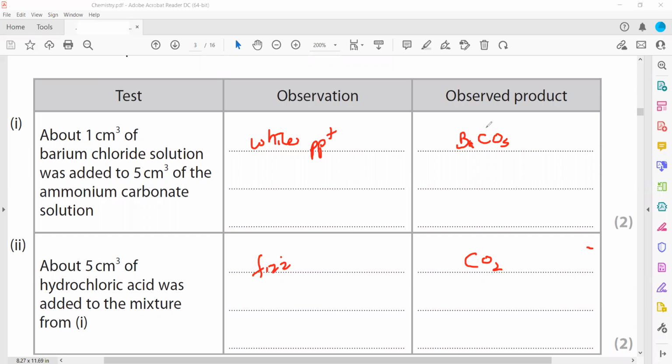Because they did not specify a formula here, it's better you write it in words. A formula is acceptable, but if they did not mention it, it's better to use words to write the answer. Is this question clear?